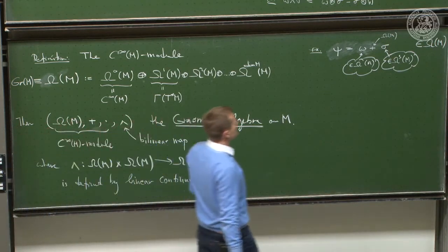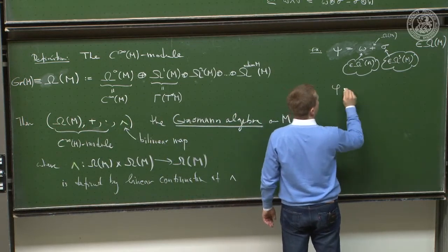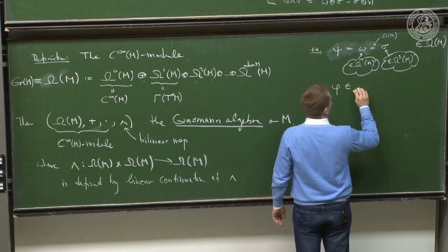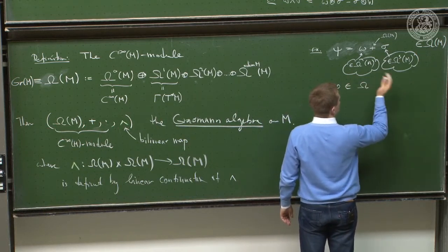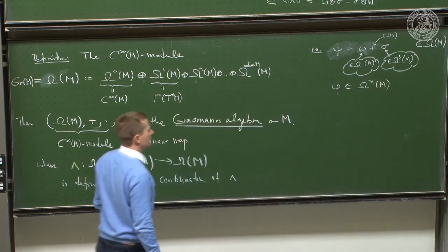And say you have a simple thing like a phi, which happens to be, but doesn't need to be, an element of a very specific n-form space.